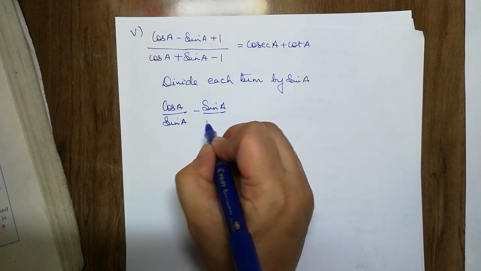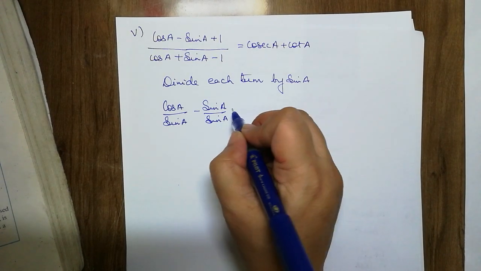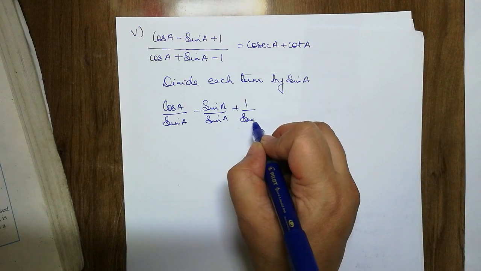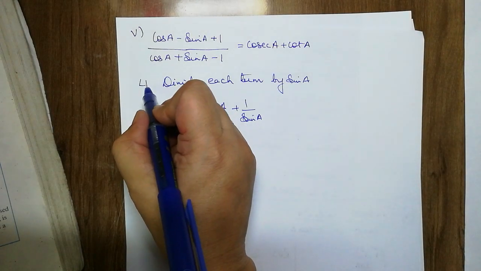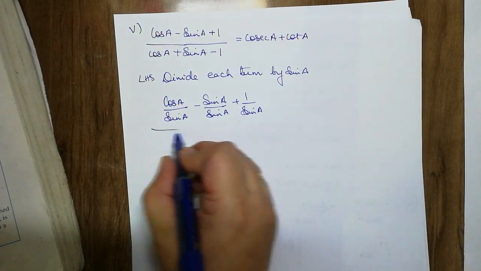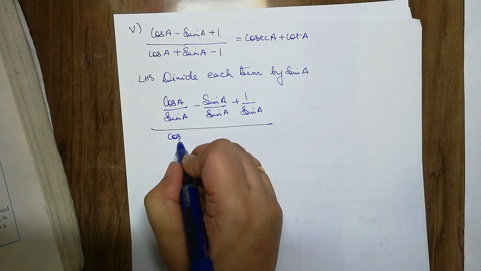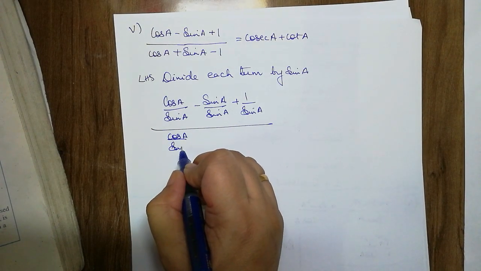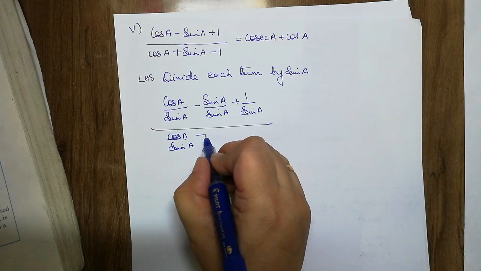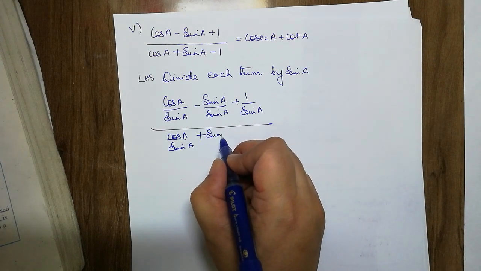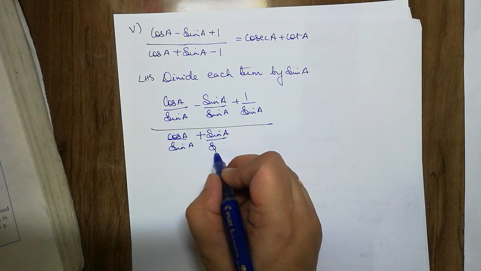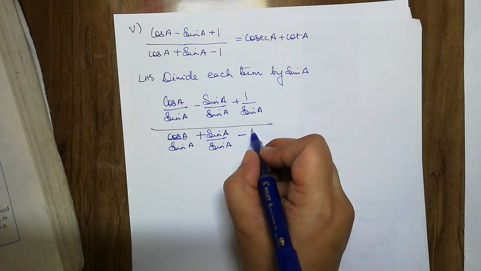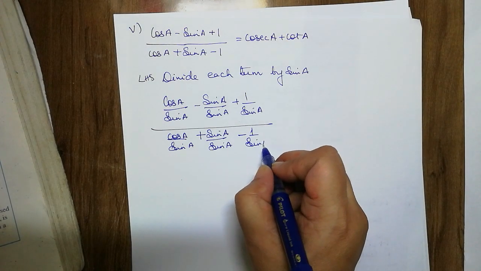Sine A by sine A. Divide each term, even 1 also, by sine. Only the LHS side. Denominator: cos A by sine A plus, be particular with the signs, sine A minus 1 by sine A.